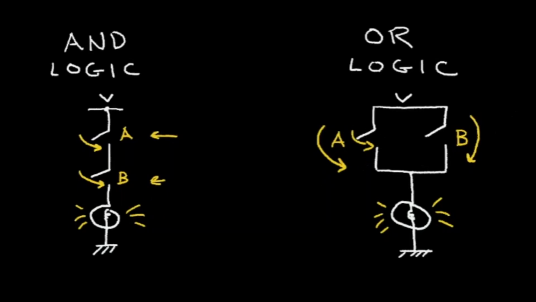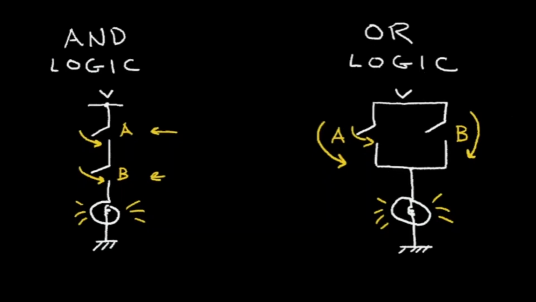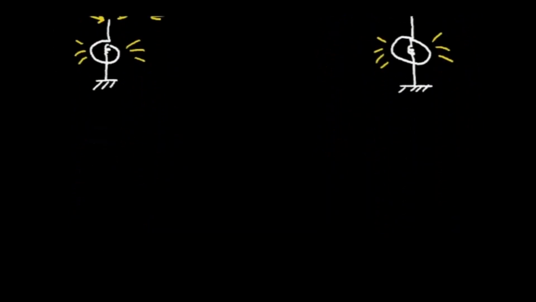So in electronics, we have some symbols for the AND logic and the OR logic. The symbol for the AND logic is this, where this is, say, input A and input B and output.